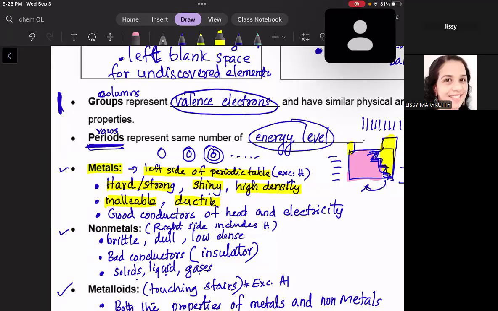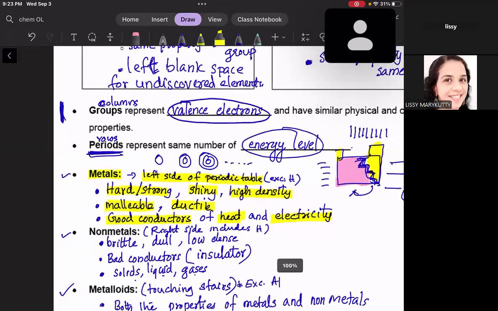That's how we make electrical wires, jewelry, all those things. And one important property, they allow electricity and heat to pass through. So they are called good conductors of heat and electricity. That's why we use metal utensils to cook.